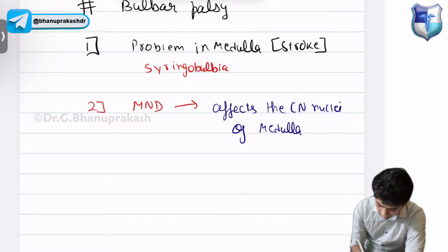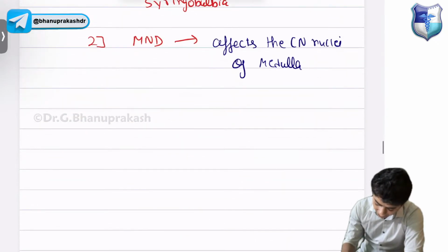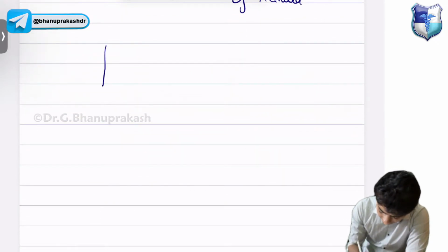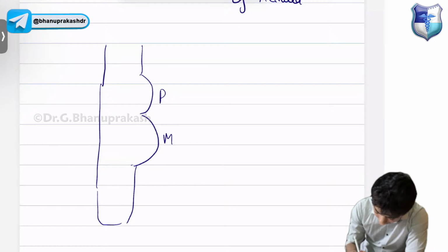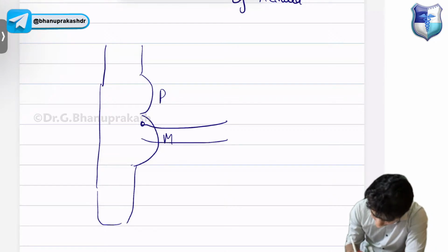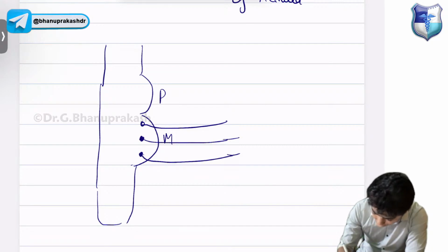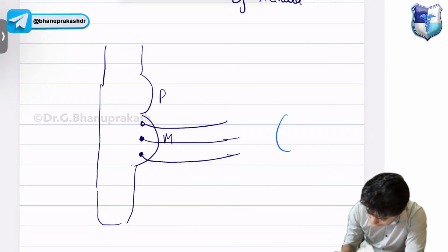Other. So see, if I draw this diagram: if this is pons and this is medulla, from medulla these nerves are coming, and this nerve will innervate this tongue. Suppose this is tongue.